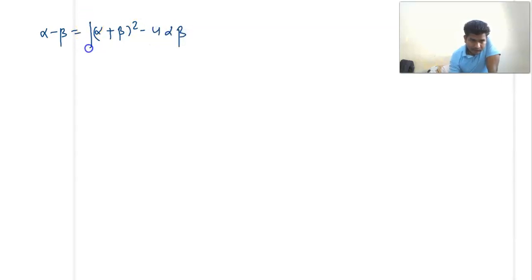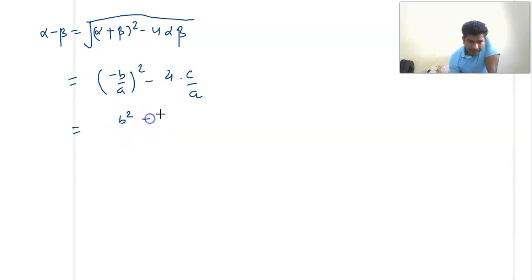It is the difference. So alpha plus beta we already know, minus b upon a whole square minus 4 into c upon a.